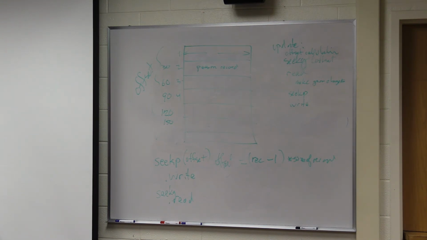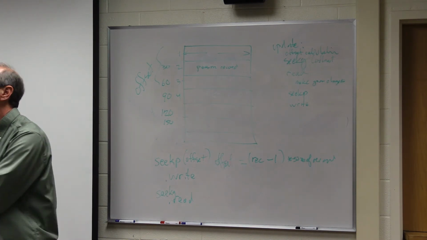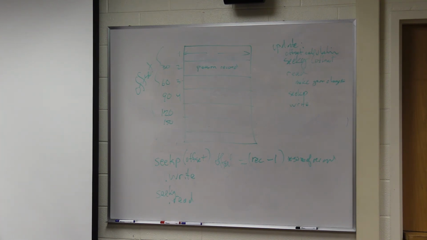That would be record 100, right? And so that kind of automatically creates 99 other records. It will allocate. So if you just seek P to some huge number, you will actually create that space for everything in between. Be careful. I'm sure that's not what you want to do.